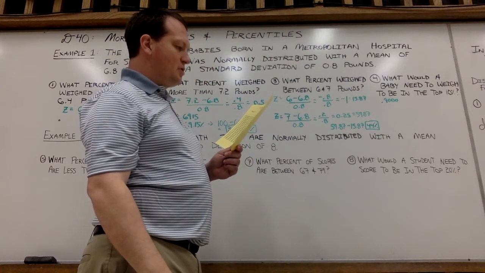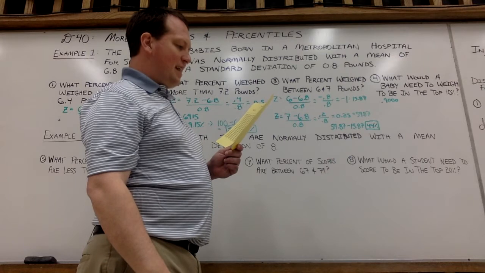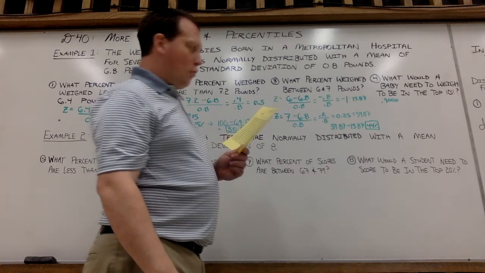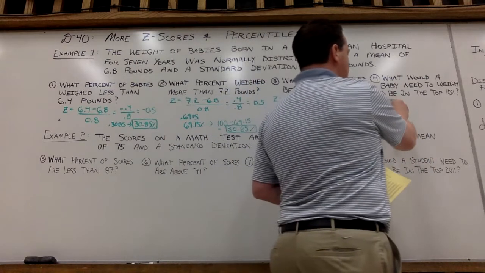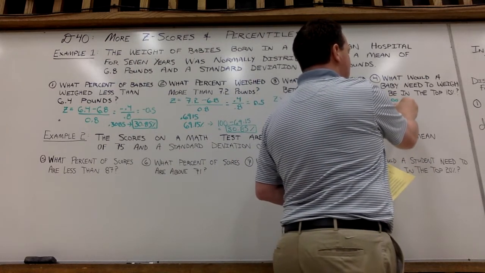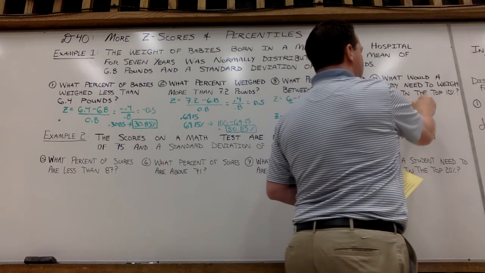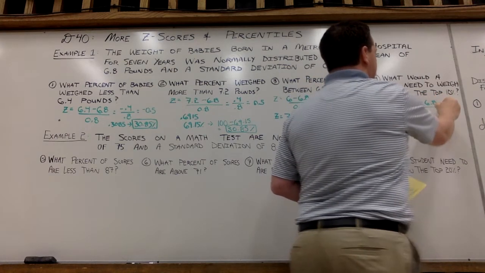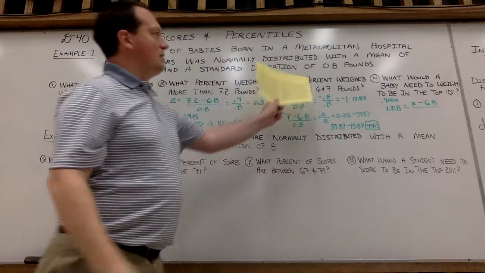So the closest z-score was that 0.8997, and again, that was a 1.28. So I'm going to say 1.28 equals observation minus mean of 6.8 divided by standard deviation of 0.8.